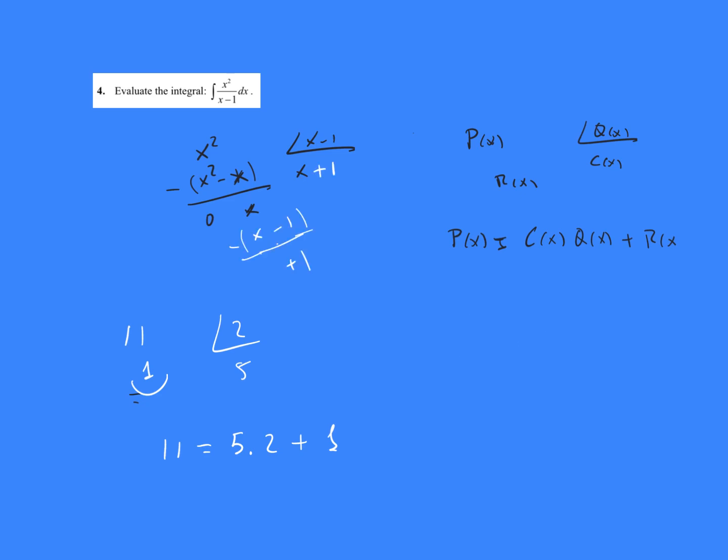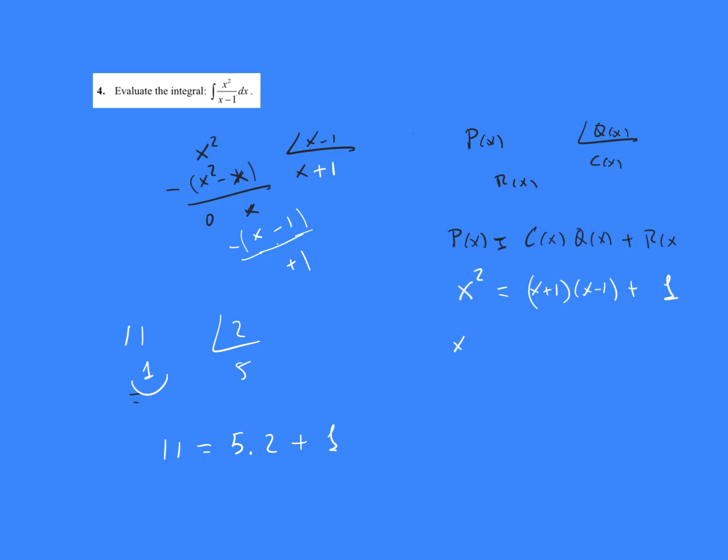Then the long division will say that x squared divided by x minus 1 is x plus 1, and the remainder is 1. You practice long division. So in this case, p of x is x squared, c of x is x plus 1, q of x is x minus 1, and the remainder is 1.